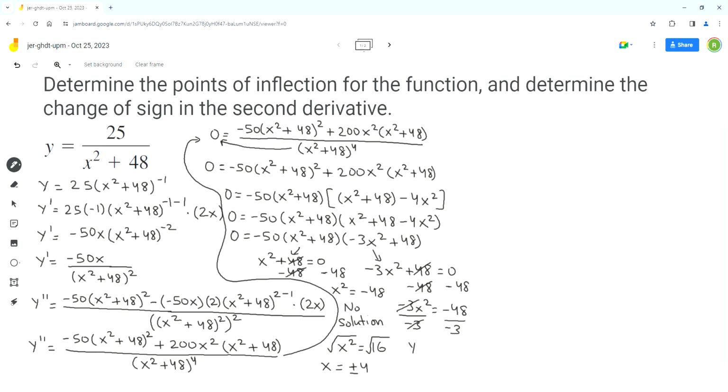If we substitute x equals negative 4, we get y equals 25 over negative 4 squared plus 48, which is equivalent to 25 over, so negative 4 squared is equal to 16, and 16 plus 48 is equal to 64. So the first inflection point is negative 4 and then 25 over 64.